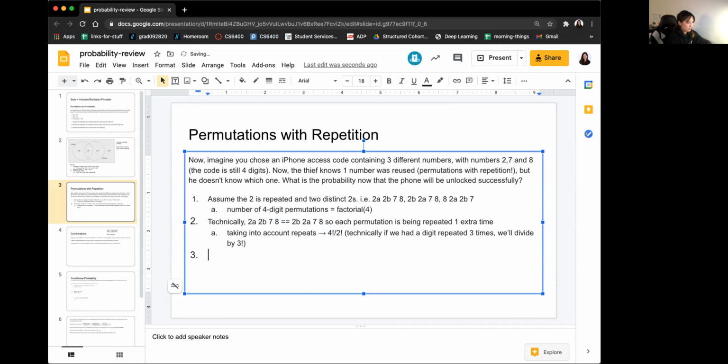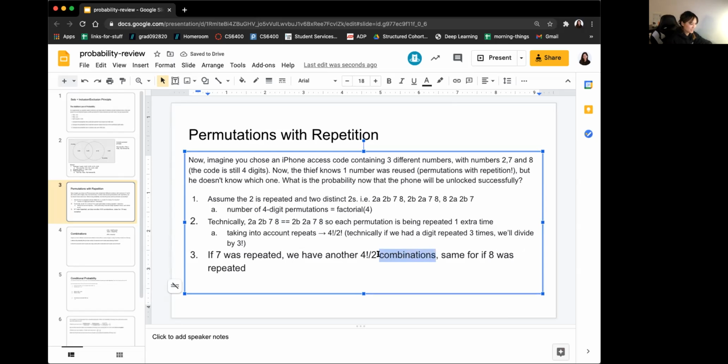Because we know we're going to repeat these steps, we just have to do 3 times that. If 7 was repeated, we have another 4 factorial divided by 2 combinations, and the same for if 8 was repeated.